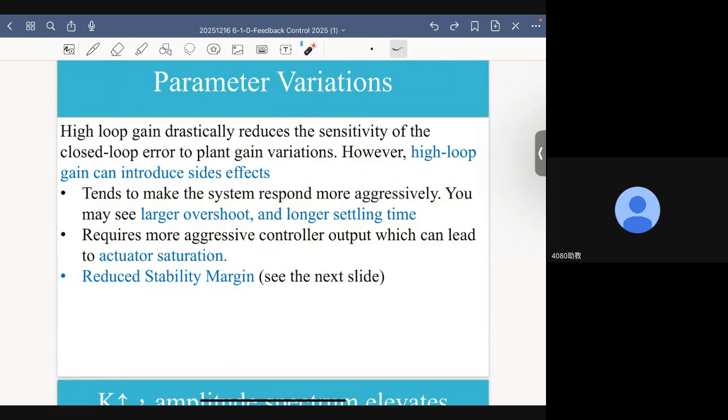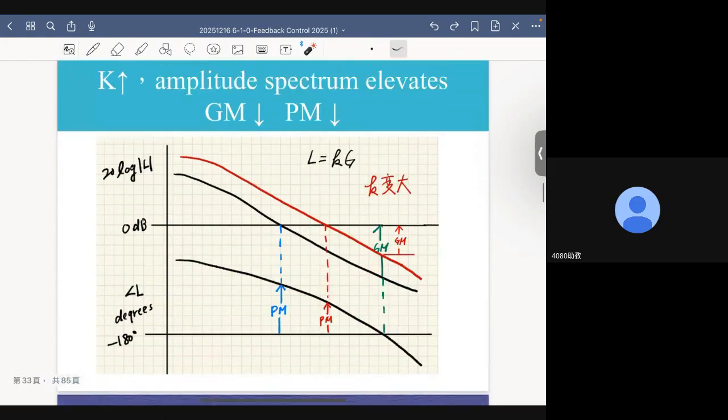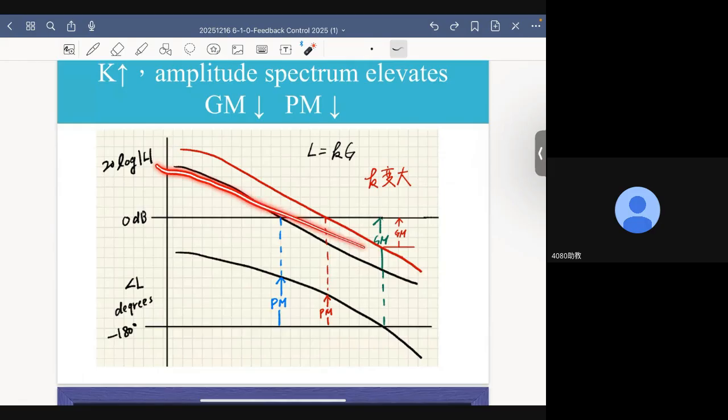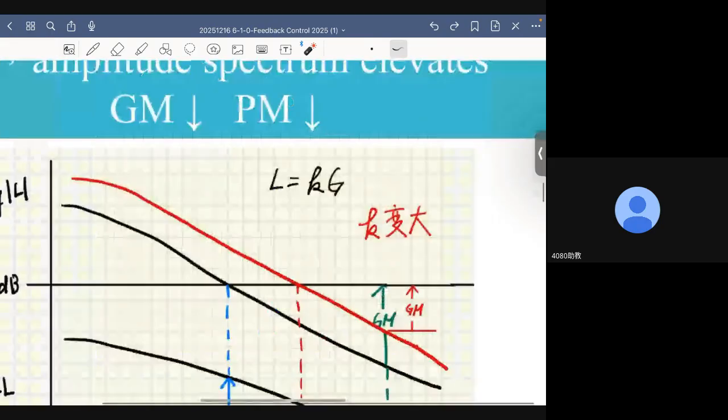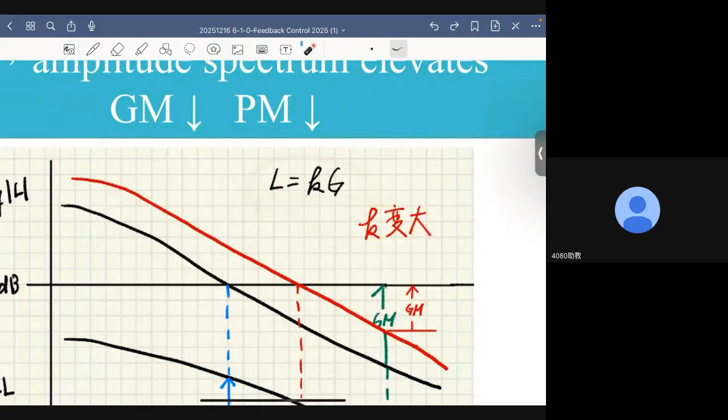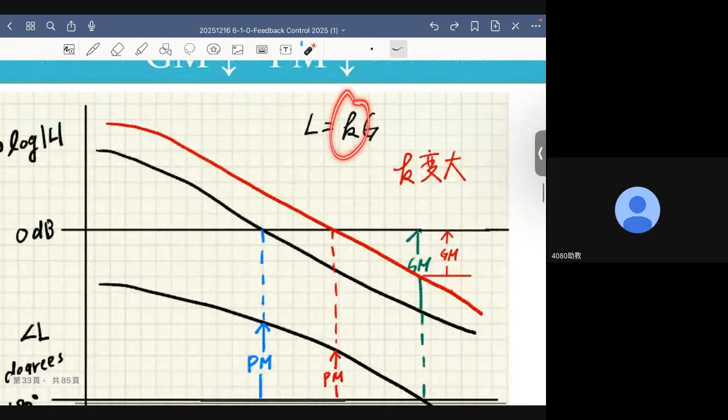And by increasing loop gain, it will also reduce my stability margin, okay? Let's say this is the original block diagram of my system. Now, the L, the loop transfer function, let's just assume for the time being is K times G, where G is the process I want to control, and K represents the controller, which means I'm using nothing but a proportional controller.